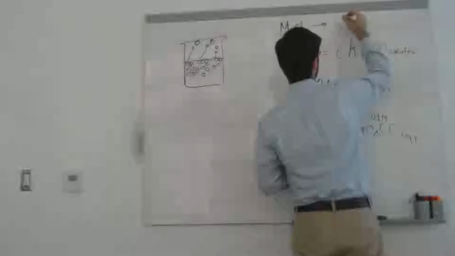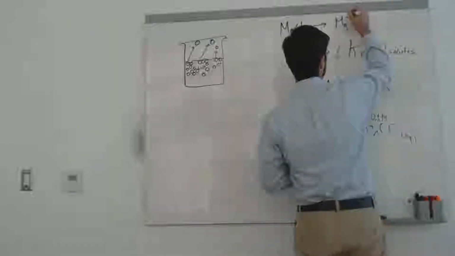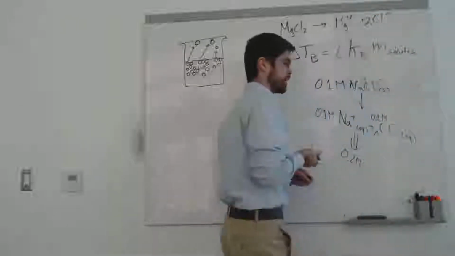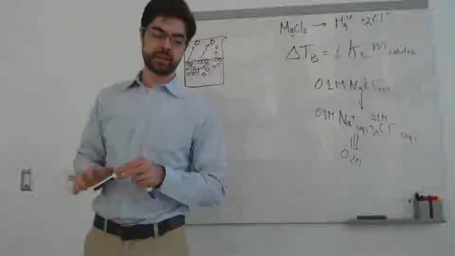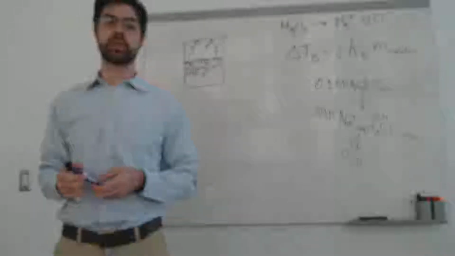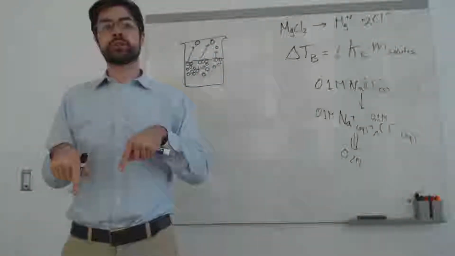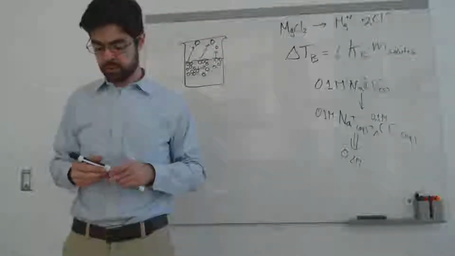It dissociates into 3 particles, 1 magnesium ion and 2 chloride ions. So it dissolves into 3 parts instead of just 2, like lithium chloride and sodium chloride do. And that does make the vapor pressure decrease more. So it should have the lowest vapor pressure.